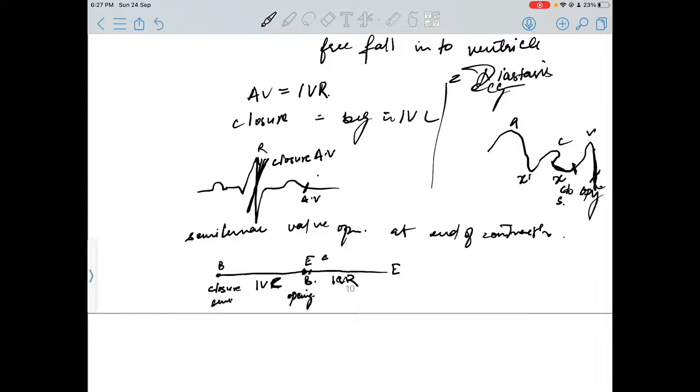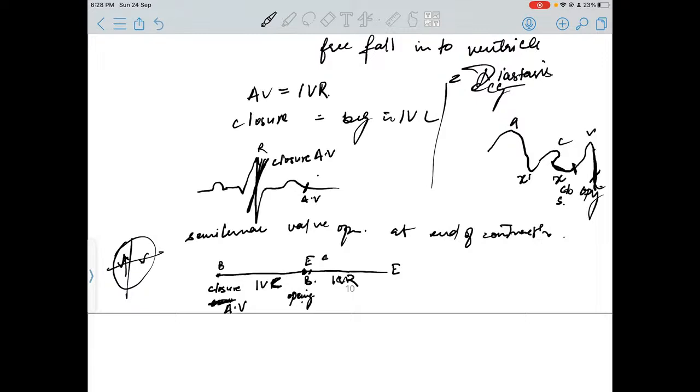At the beginning of contraction, there is closure of the AV valve. So in this heart, the AV valve closes in the beginning of contraction. When it's contracting, this shuts, so the blood cannot go back.